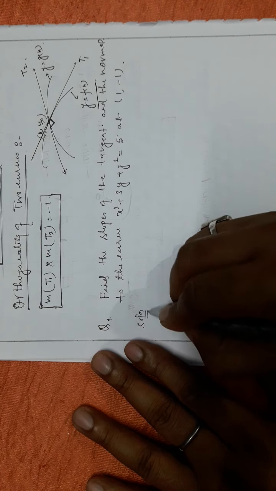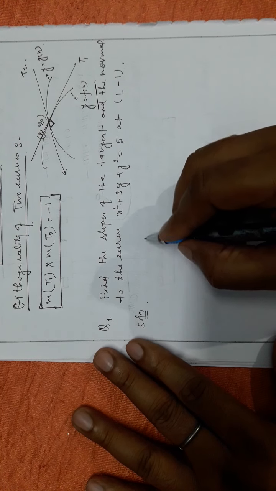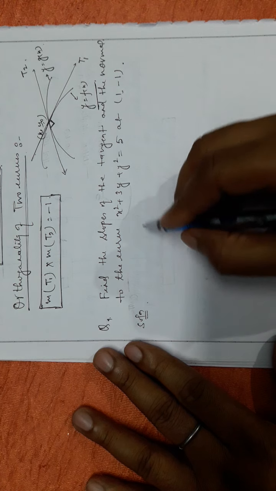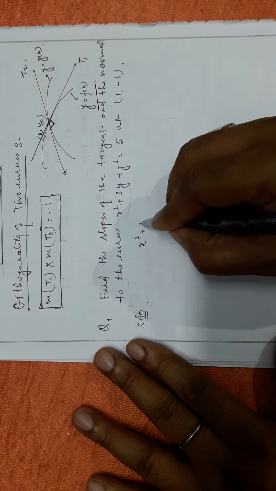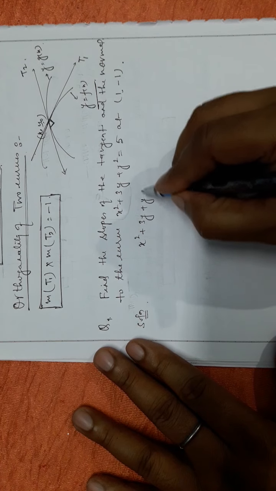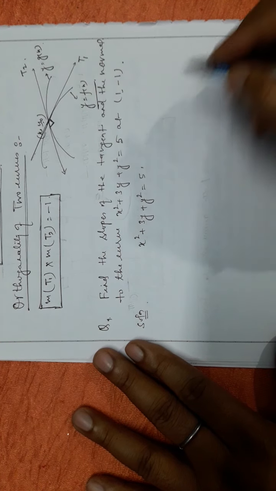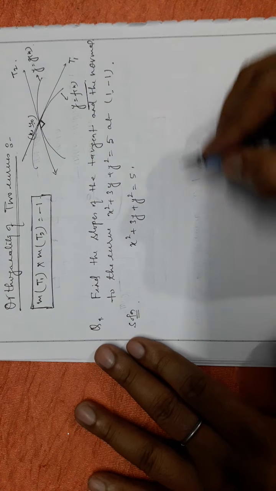Students, from both points of view, it is very important how you represent your solution. So we have to first copy the given function or the equation of the curve.